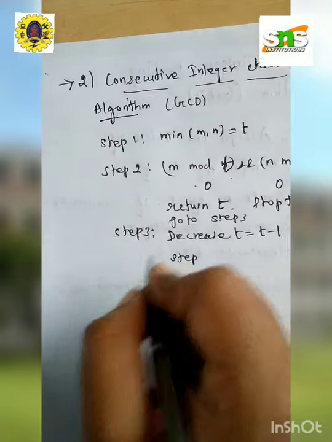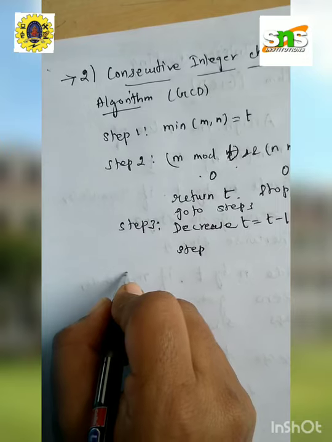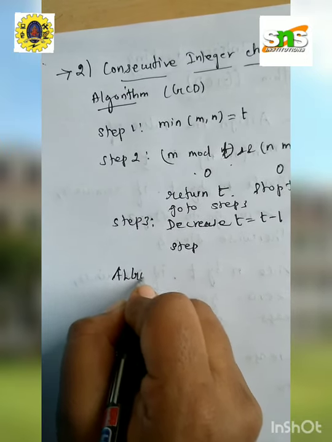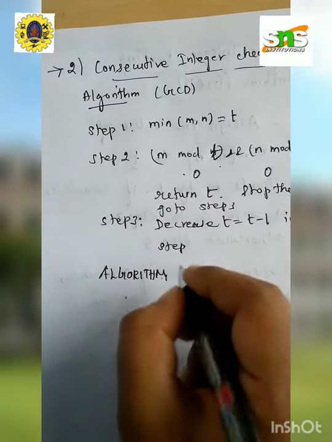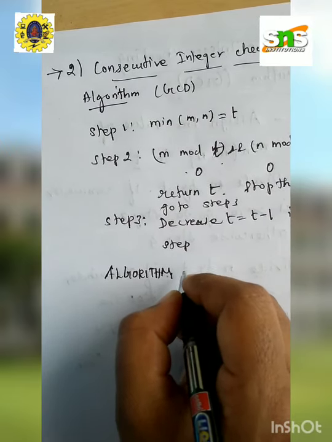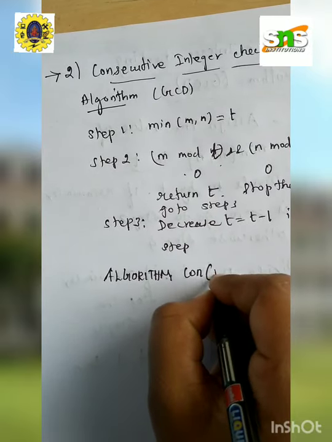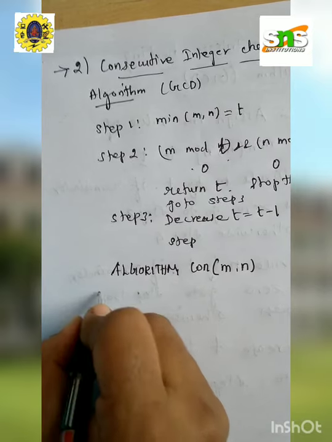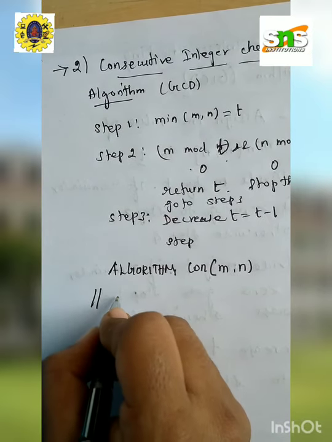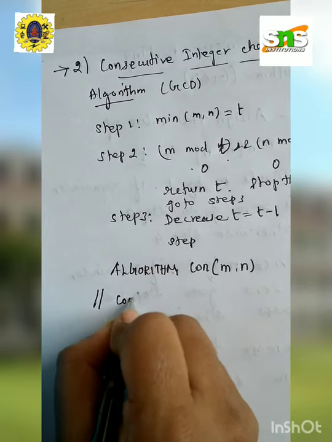Here I am going to convert this into an algorithm. The algorithm is consecutive integer checking, written as consecutive, with the arguments m comma n. Write the problem description: compute the GCD of two numbers.